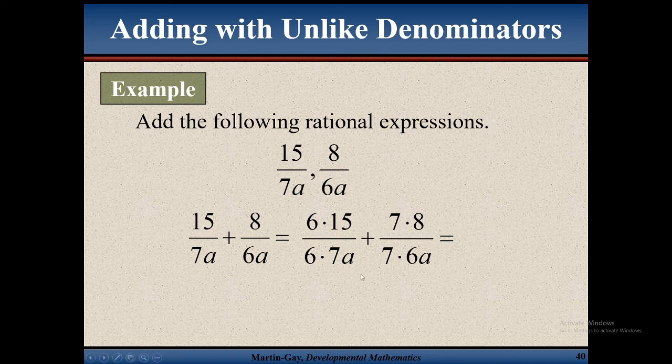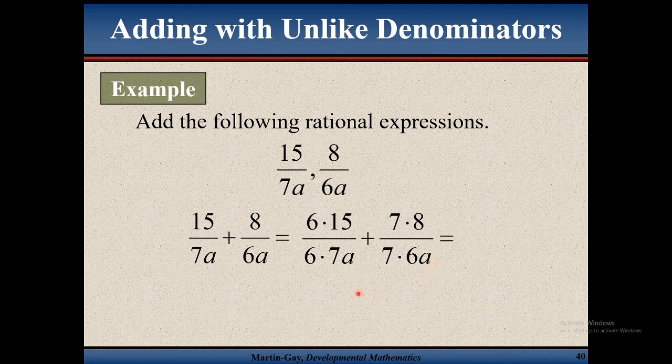Or you can just follow this one, 6 times 7a plus 7 times 6a. Then you divide with the term here. So 6 times 7a divided by 7a, you will have 6 times 15, that is 90, right? This one as well. So actually, it's just similar.